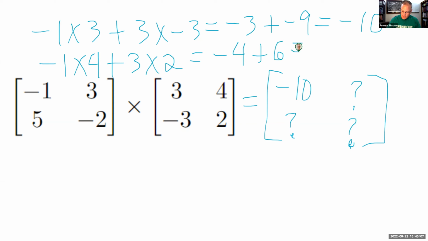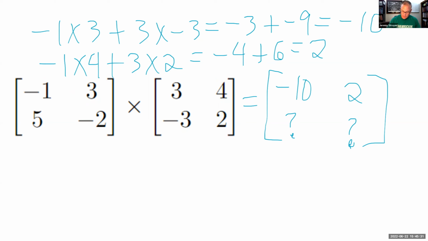So that gives us a +2. And that was when we were thinking about this location. So it's a +2. Again, because that was first row, second column. That's where this location is. So we'll use these two numbers and these two numbers.